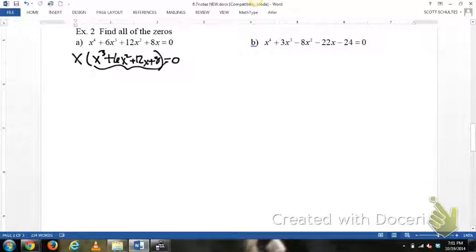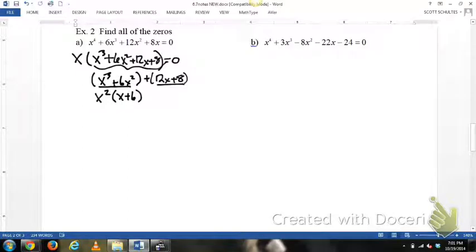So what I'm going to now do is see if I can go further on this guy. I'm going to have to pair up the first two terms, x cubed plus 6x squared, and then pair up the last two terms, 12x plus 8, and see if I can factor by grouping. From these two, the GCF is x squared, leaving behind x plus 6.